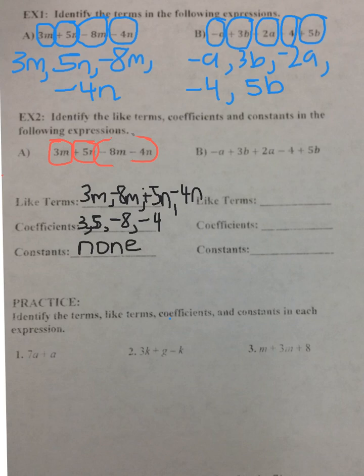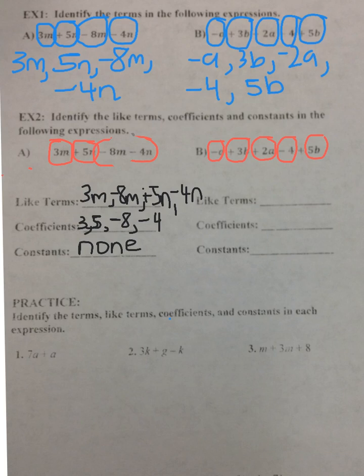For part b, we have negative a plus 3b plus 2a minus 4 plus 5b. Circle each of your terms. Like terms have the same variable part.